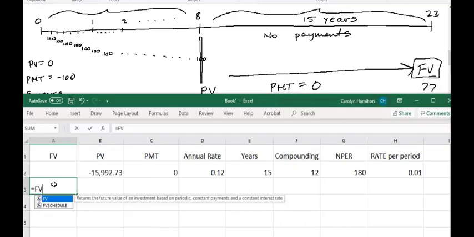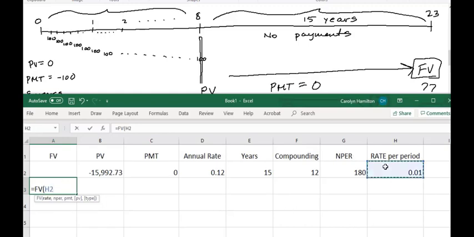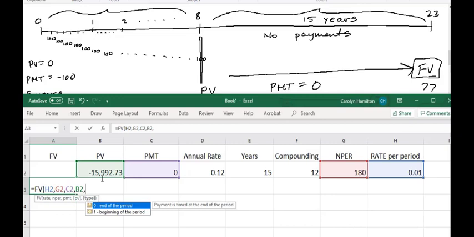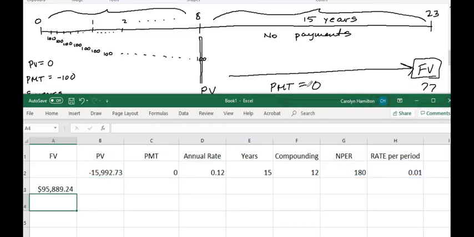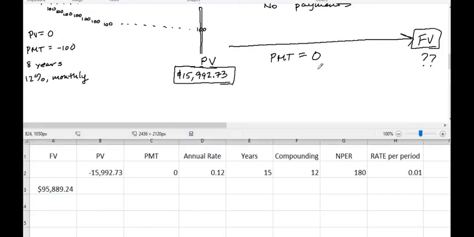Future value, 1% per month, 180 months. I now have no additional payments going in, but I start off with almost $16,000 in the account. End of the period. Total at the end will be $95,889.24.